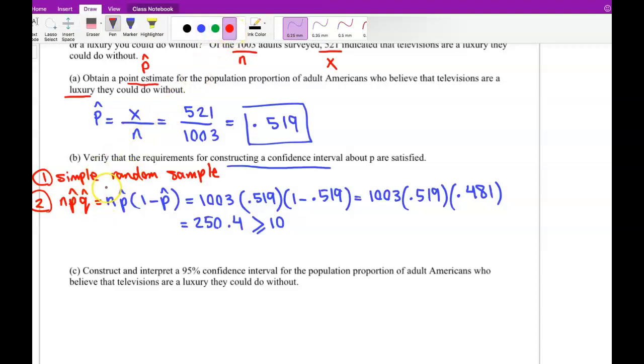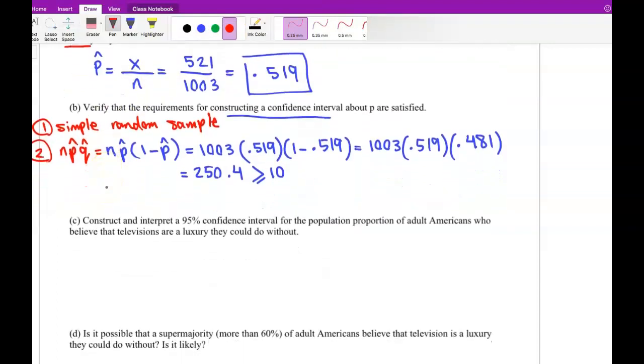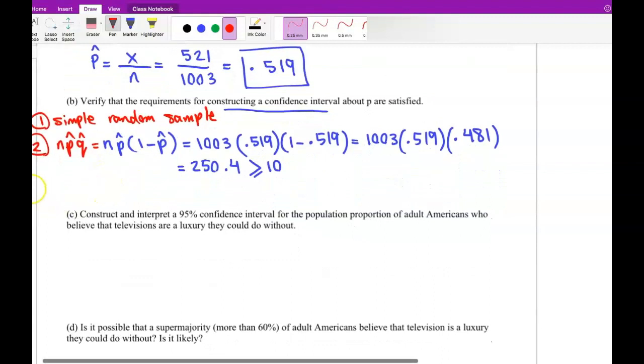Now the third one, we should have independent trials. How do we know whether we have independent or not? If our sample size was less than or equal to 5% of the population size, then that means this is independent.